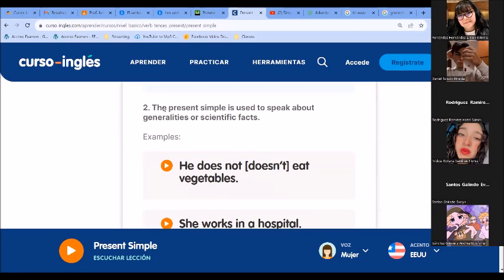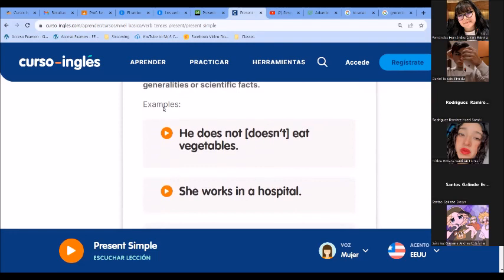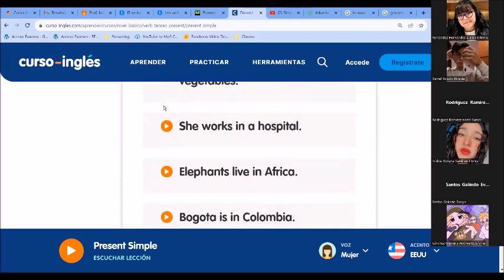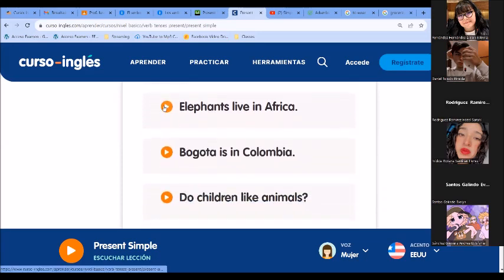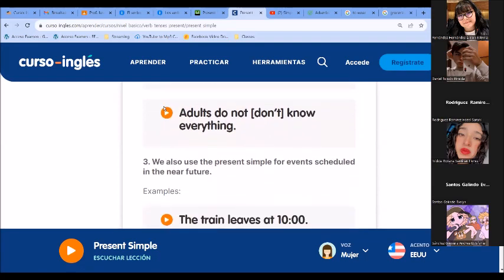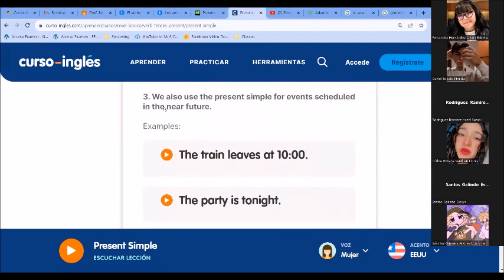Two, the present simple is used to speak about general or scientific facts. He doesn't eat vegetables. She worked in a hospital. Elephants lives in Africa. Good. Although you can probably find them in Asia too. Bogota is in Colombia. Do you like animals? Adults do not know everything. And number 3, Francisco Castillo.